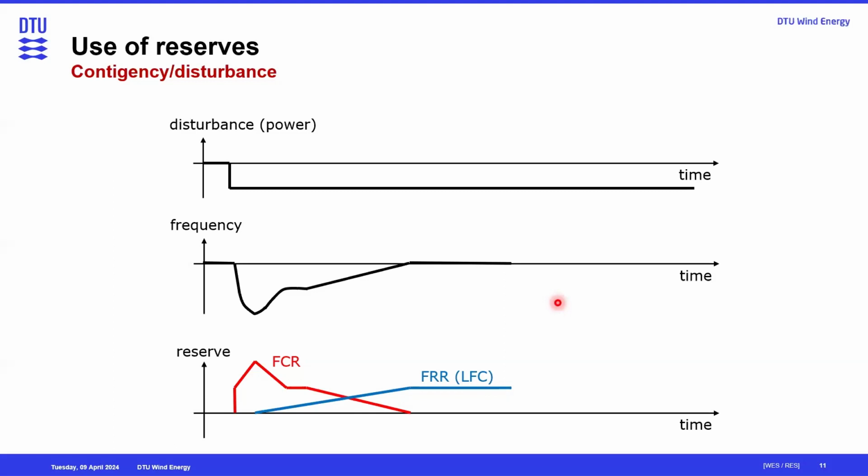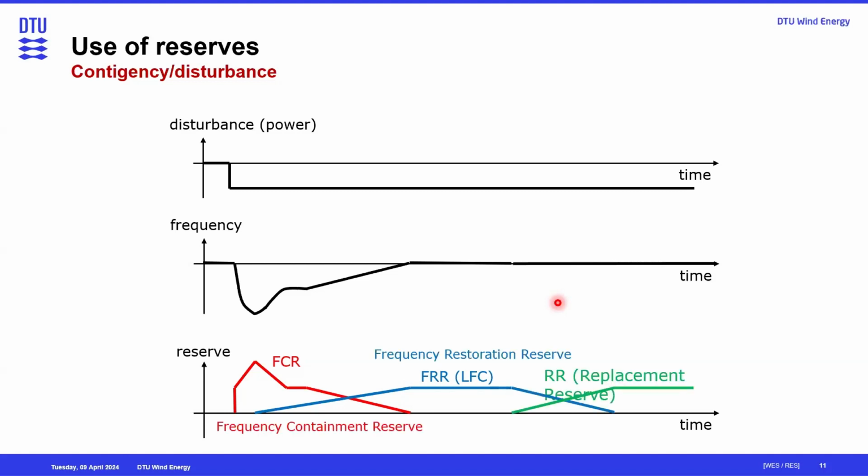So you can see now the frequency containment reserve, which was already activated, has come down to zero again. The reason being that if there is a subsequent fault, the frequency containment reserve is again available to help out with that fault. And the next thing that comes is the replacement reserve. As the name suggests, it just replaces the frequency restoration reserve, because the frequency was already at 50 hertz.